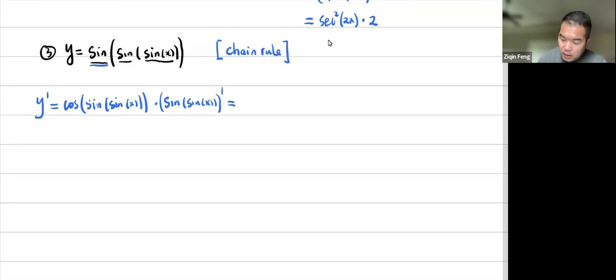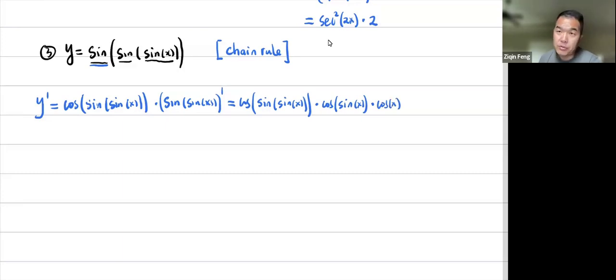You get cosine of sine of x times cosine of x, the derivative of the actual inner function. So this is how we apply the chain rule to differentiate the composition of multiple functions.